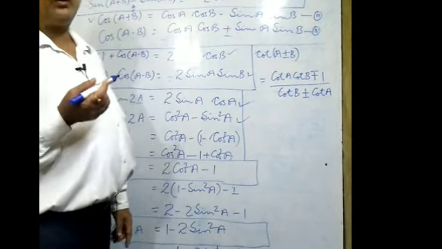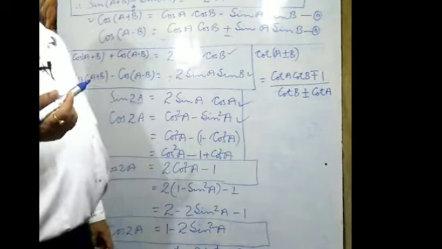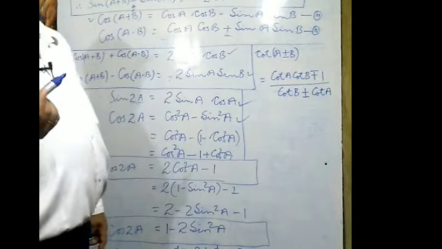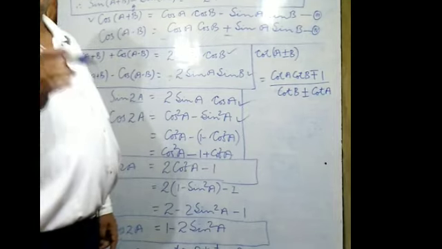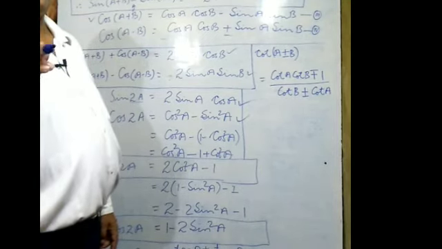And what formula is there? Sin square A plus cos square A equals 1. This is the fundamental identity which was taught in class 10.